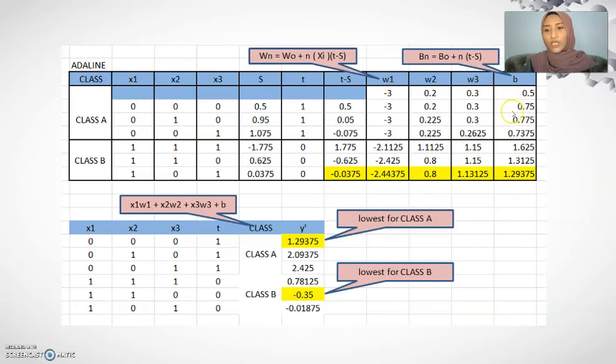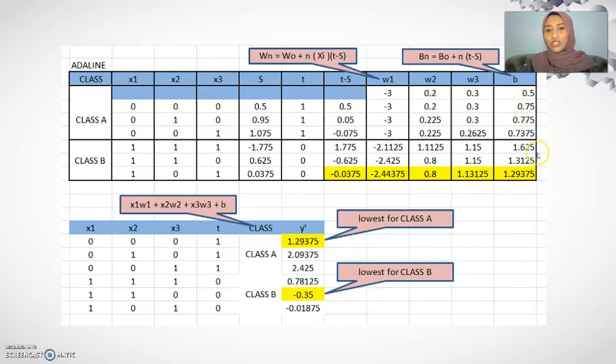For the B new, we use this formula, B new equals B0 plus N multiplied by T minus S. For B0, we use the bias from the initial input, N is the learning rate that we set, 0.5, and T minus S is from here. Then we get the answer, 0.75.